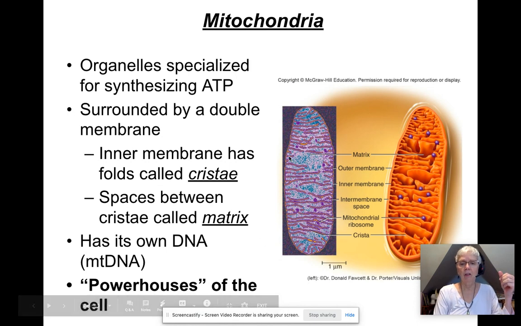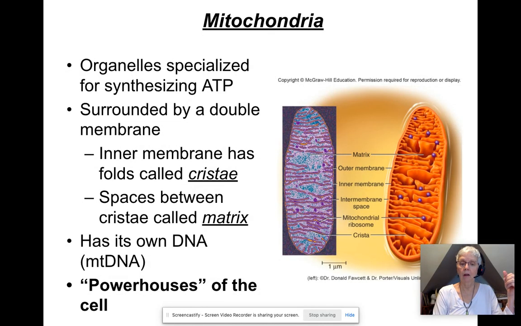Now, the mitochondria are what make that energy currency of ATP, and so they, again, are double membrane. They have their own cristae, which are folds, and the spaces between the folds are called the matrix. They are one of the few organelles that have their own DNA.